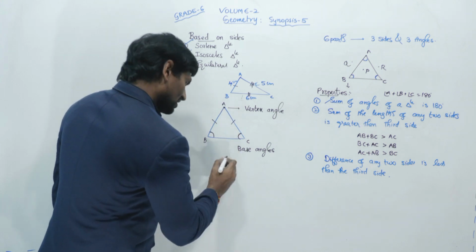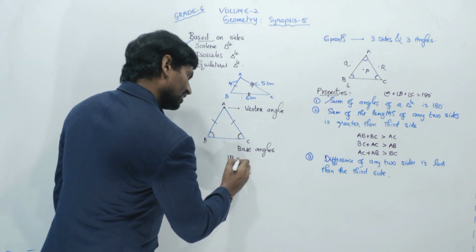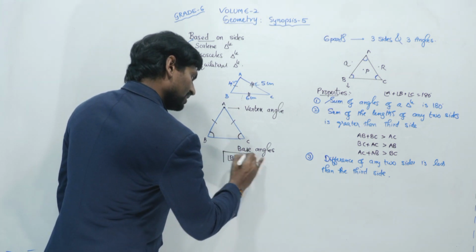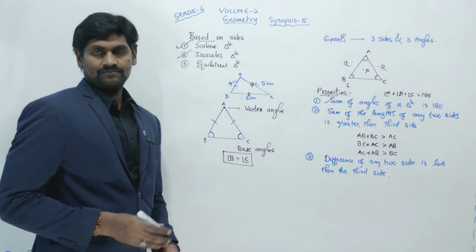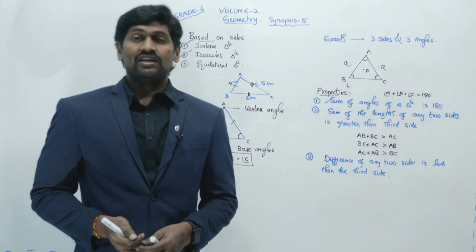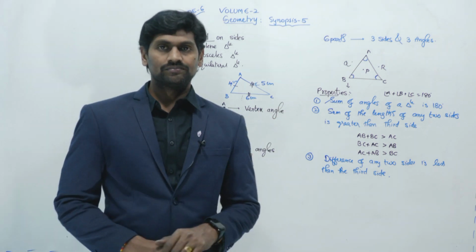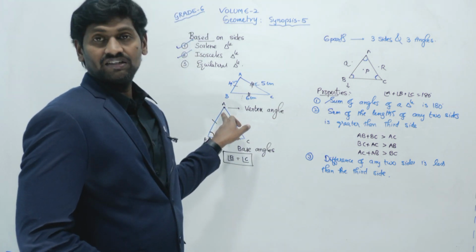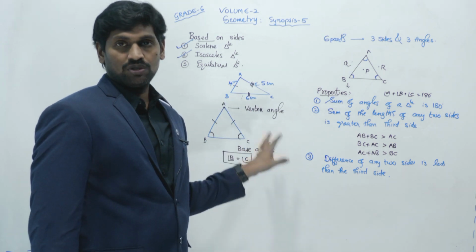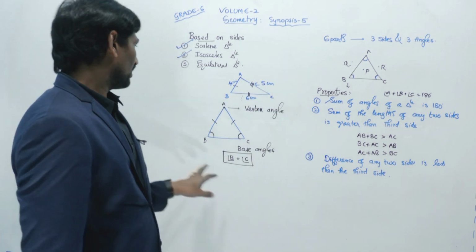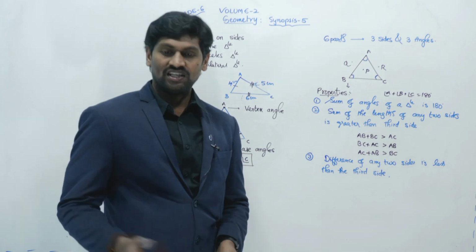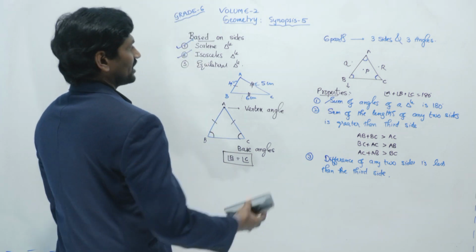In an isosceles triangle, base angles are equal. That means angle B equals angle C. The vertex angle is not equal, but the base angles are equal. This is about the isosceles triangle. Now coming to the scalene triangle.